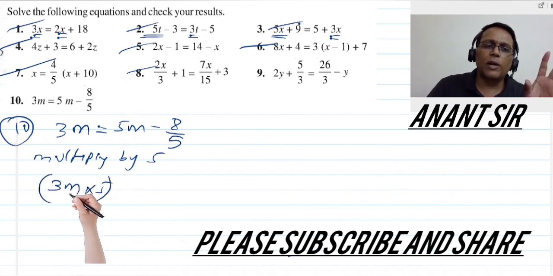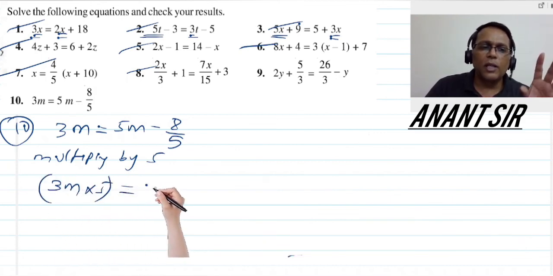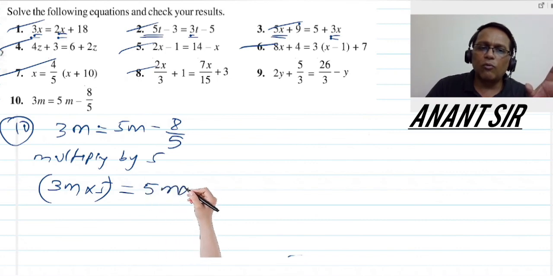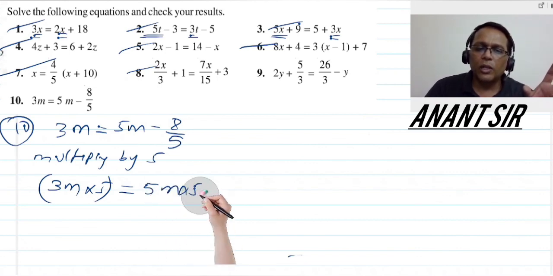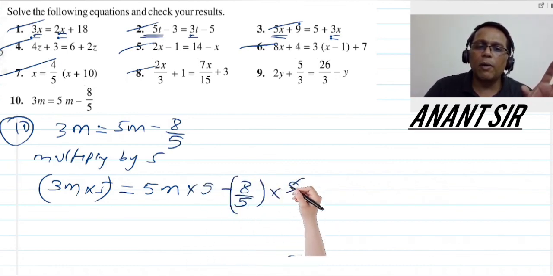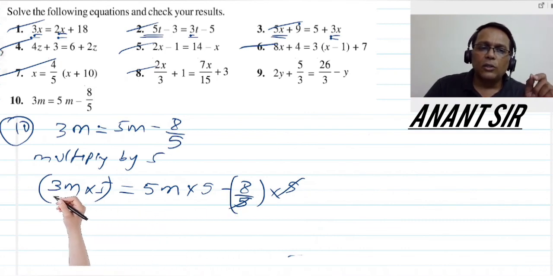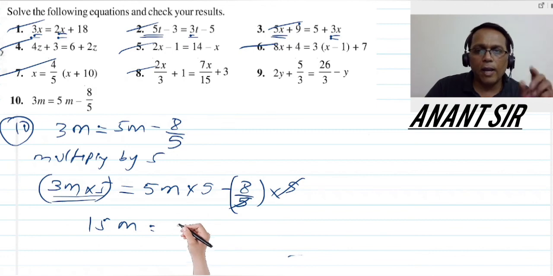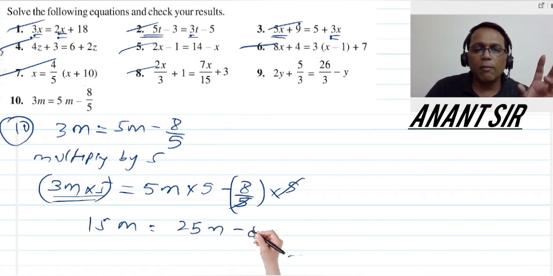I don't want any denominator here. So 3m into 5 is equal to 5m into 5 minus 8 by 5 multiplied by 5. So 5 gets cancelled. 3m into 5 is nothing but 15m, 5m into 5 is 25m minus 8.